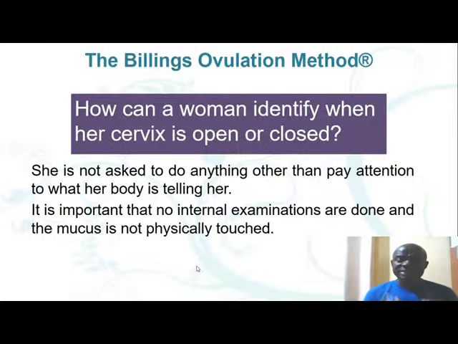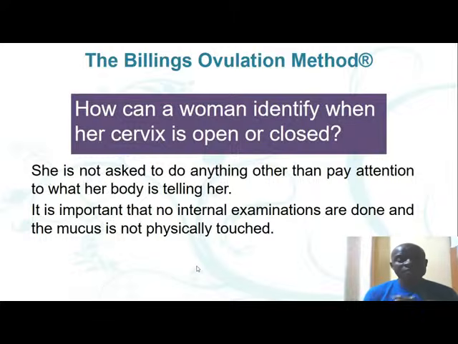Where are the sensations made? The sensations are made at the vulva. This organ is a very important part of the Billings Ovulation Method that helps a woman to feel the sensation, so that she can tell and write down how she feels.